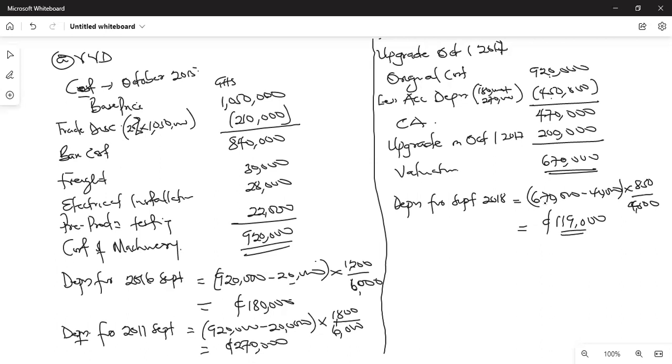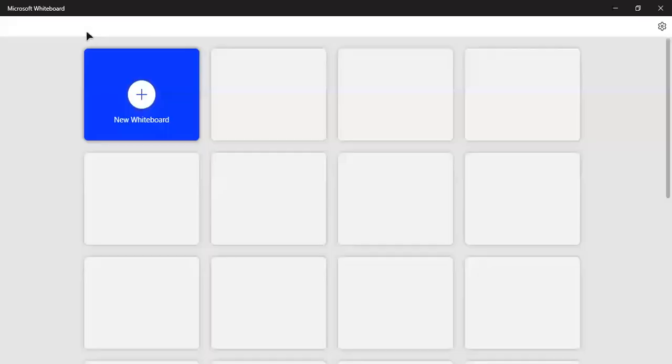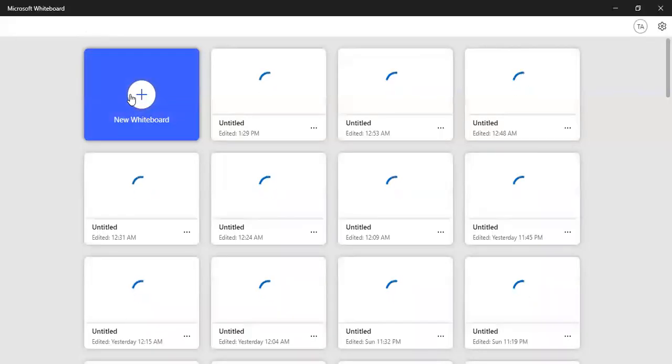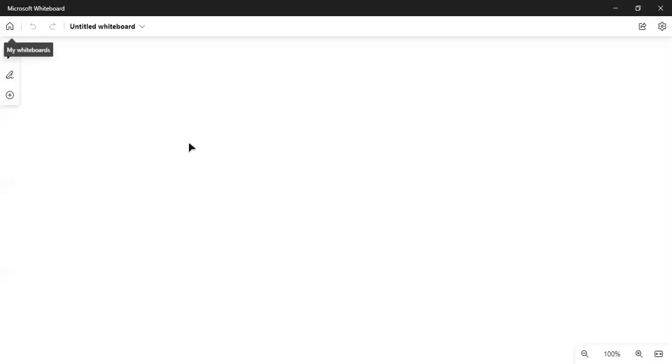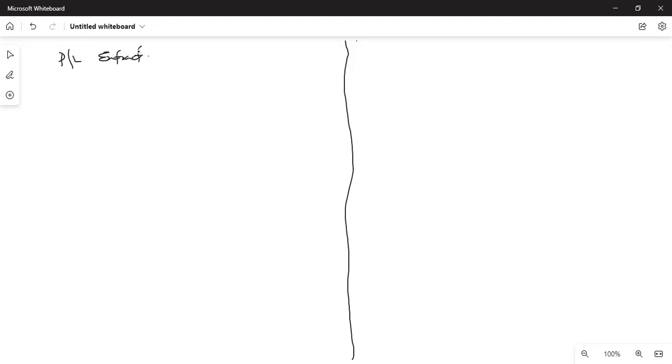If we now need to go through and prepare our P&L extract, our P&L and SOFP extract will now be looking like this. We divide the page. Let's look at our P&L extract for the respective years.